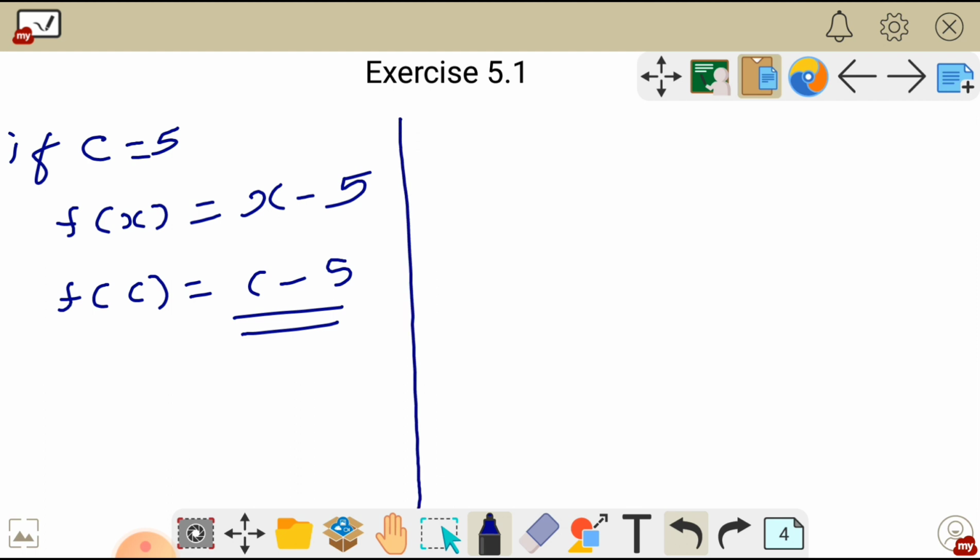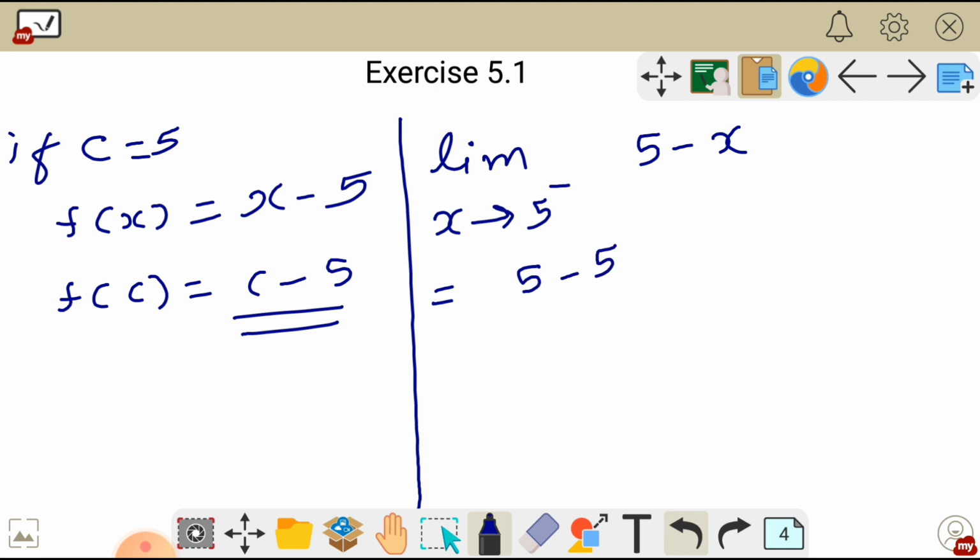First of all, limit x tends to 5 minus, that means left limit. What does 5 minus mean? It means we have to take a function for x which is less than 5. So our function is 5 minus x, that is equal to 5 minus 5, that is equal to 0.